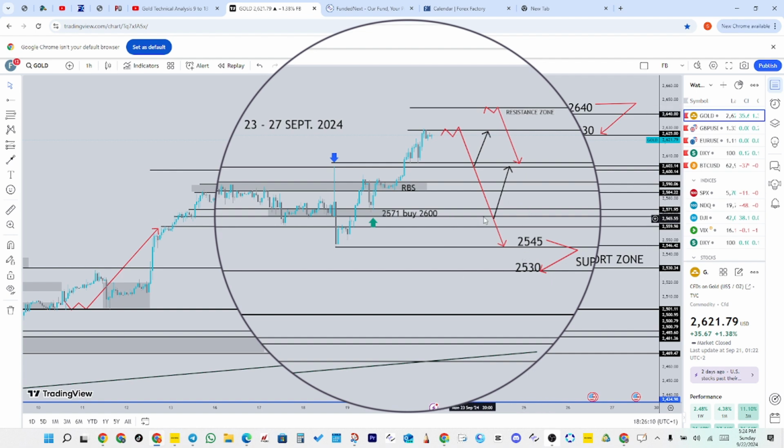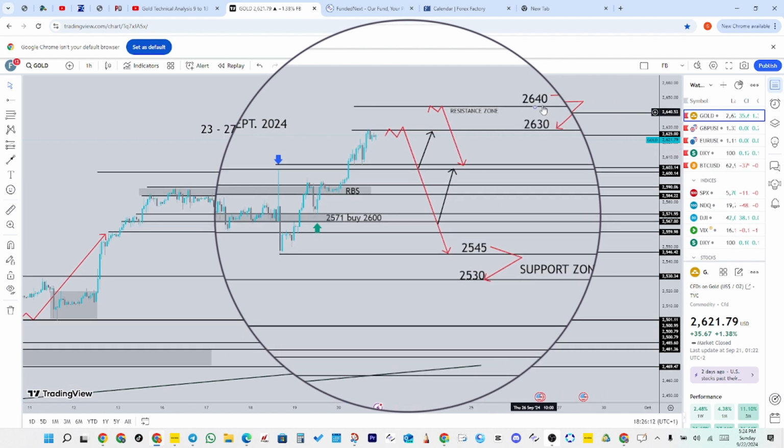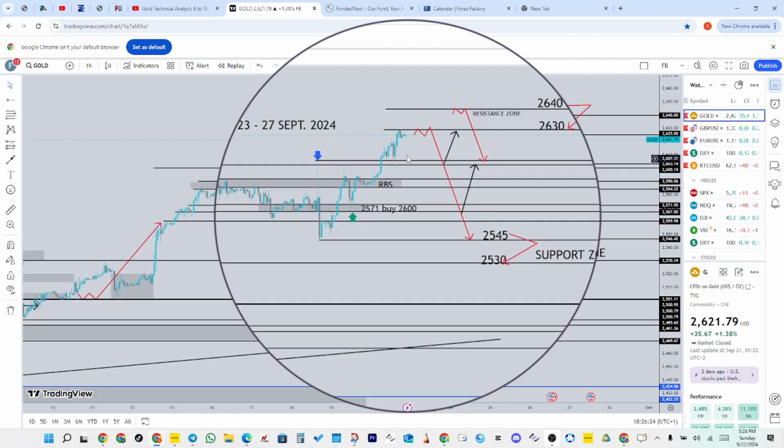Let's take note of the figures I want you guys to take note of in this particular week, which is 23rd to 27th September. Yes, we should expect the market to reverse down to 2545.